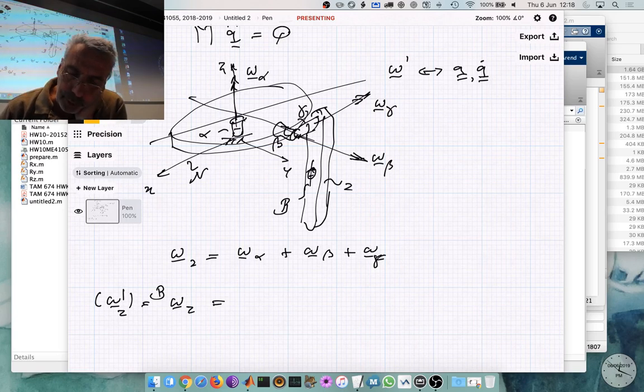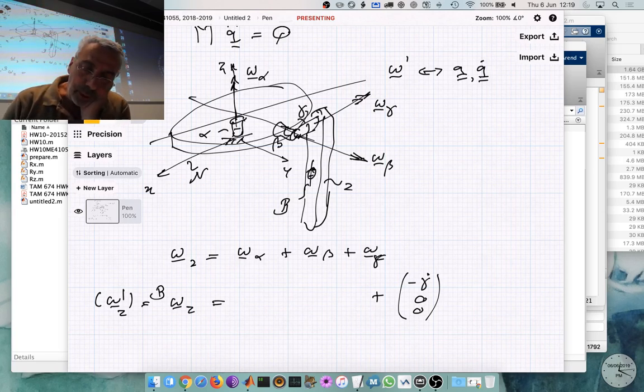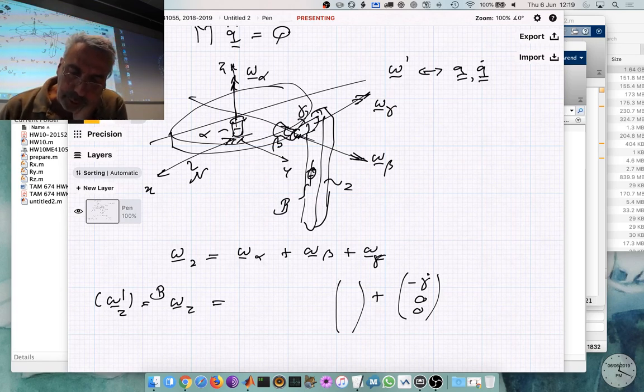So whatever happens, I have here already omega gamma, and what is omega gamma? That's about minus x-axis. Oh, strange coordinate system. So minus gamma dot, 0, 0, right? Okay, then omega beta. Well, that's almost in the coordinate system, but there is this gamma, so it's almost there. In this coordinate system, it's in the y-axis, so that's 0, beta dot, 0.